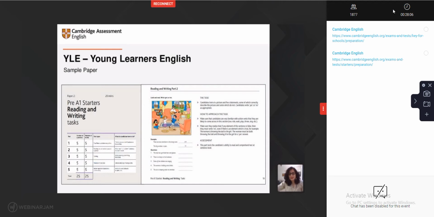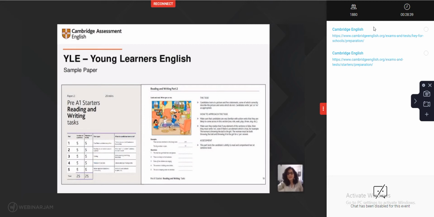this page of the handbook gives you a very clear idea of the number of tasks, number of parts which the reading and writing exam has, the number of questions in each part, the marks allotted for each question, the task type, as in what is the focus of the task, and finally a column which talks about what the candidate needs to do, how the candidate needs to attempt the task.